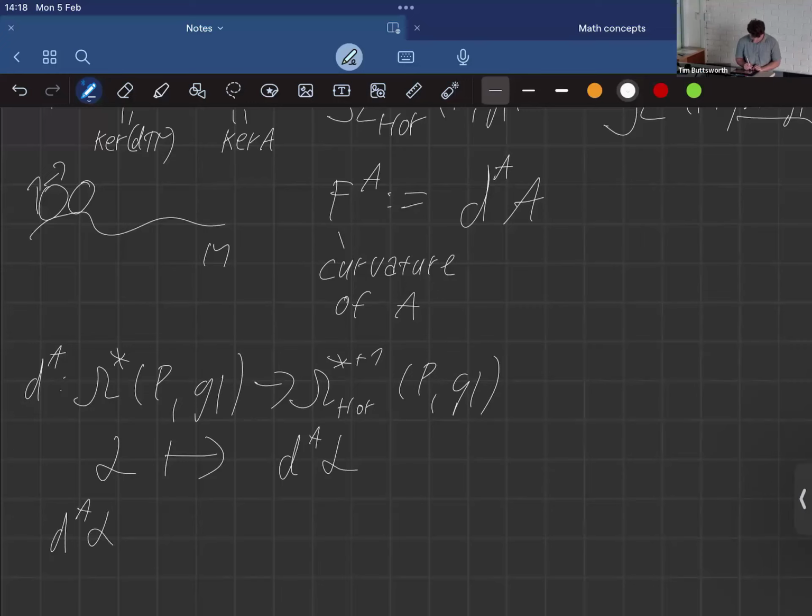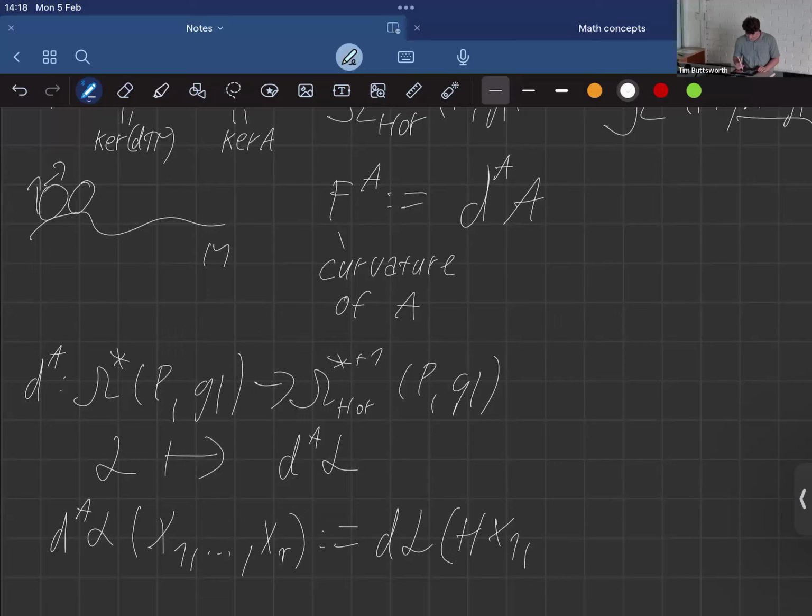The d_A alpha evaluated at, let's say, x1 to xn is by definition the usual differential for forms, but for each vector we apply the horizontal projection. Basically, each vector is projected to our horizontal distribution, and then we feed it to the differential. Make sense?